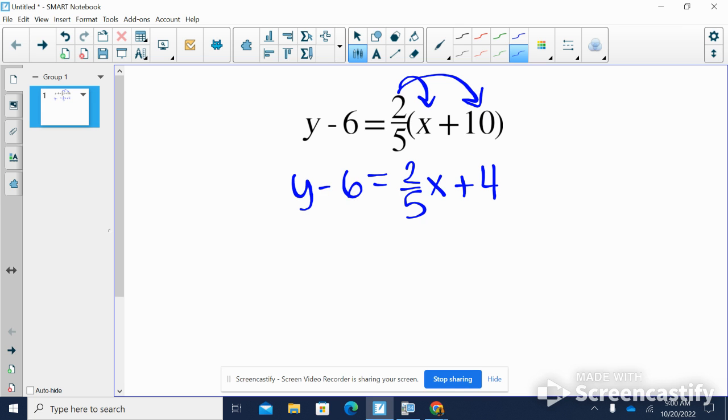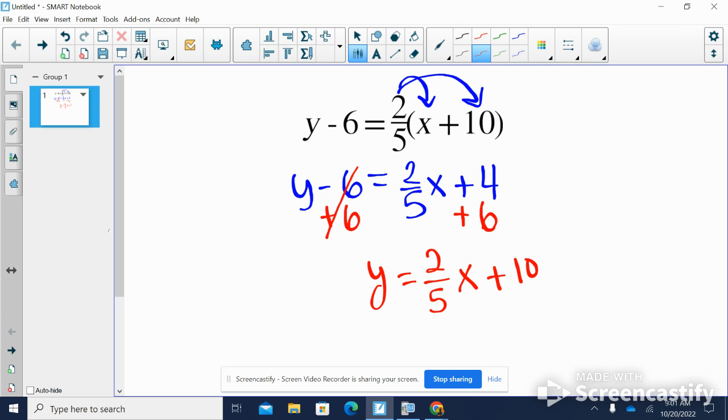We're almost there. All we have to do is get that negative 6 to the other side of the equation, and then we have y by itself. So by doing that, I'm going to add 6 to both sides. That'll cancel the negative 6 on the left. And by adding 6 to the right, now we have y equals 2 over 5x plus 10.